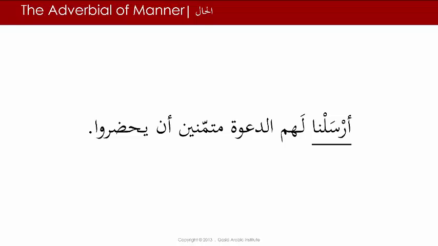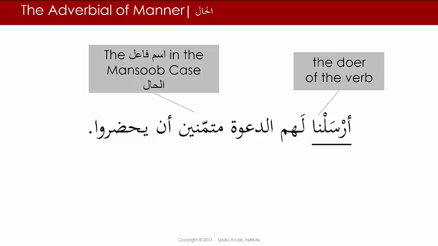So here أرسلنا is our verb, we sent, and here instead of having an actual noun, we have a pronoun as the doer. أرسلنا, we sent to them الدعوة, the invitation. متأملين, and so here, if you notice, this is also an ism fa'il, but it's an ism fa'il of form 5. So this is tamanna, yatamanna, and it means to hope for.